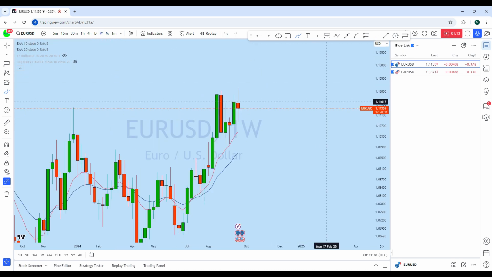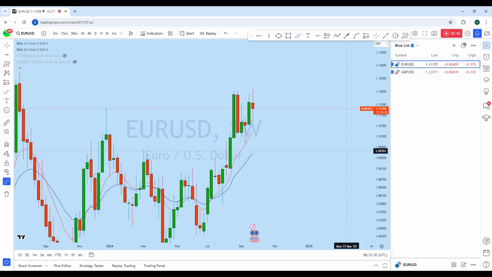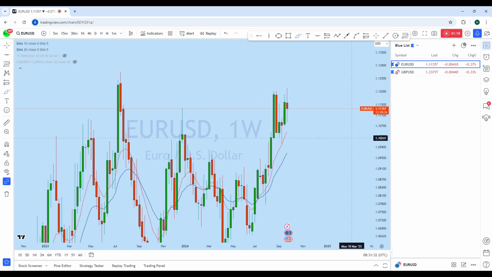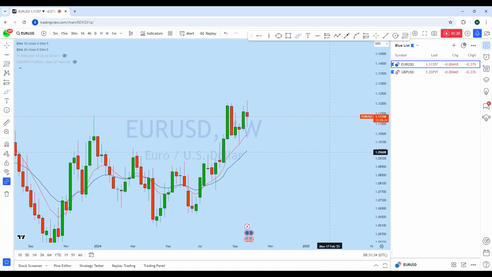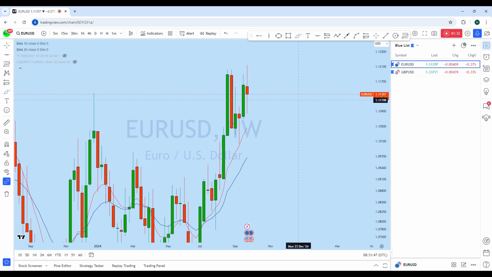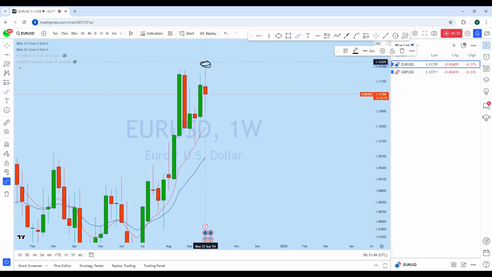Dropping down to the weekly chart, this is the weekly price action on euro dollar. In the previous week we saw a bullish candle, and the week before we saw a long wick doji. This week so far we can see the market initially had a bounce and broke to the upside.